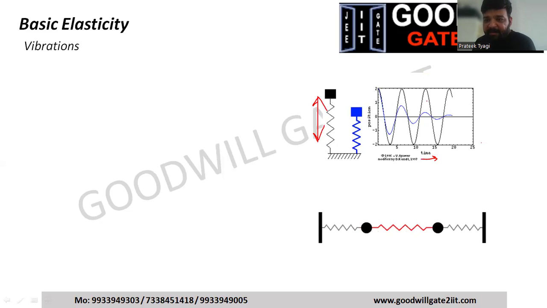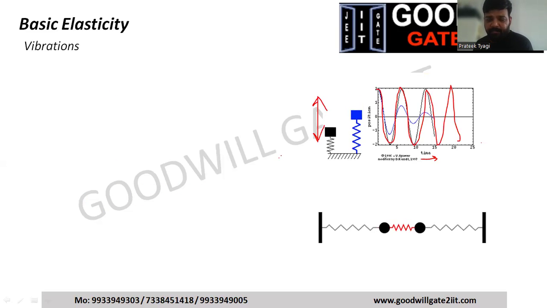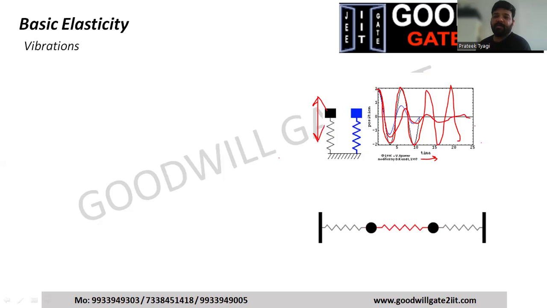On the right hand side, you can see this black system moving like this. This is just plotting what is happening to it. Now, this blue one is vibrating, but it is dying out with respect to time. It starts like this and then dies out, meaning the vibrations are dying out with time.